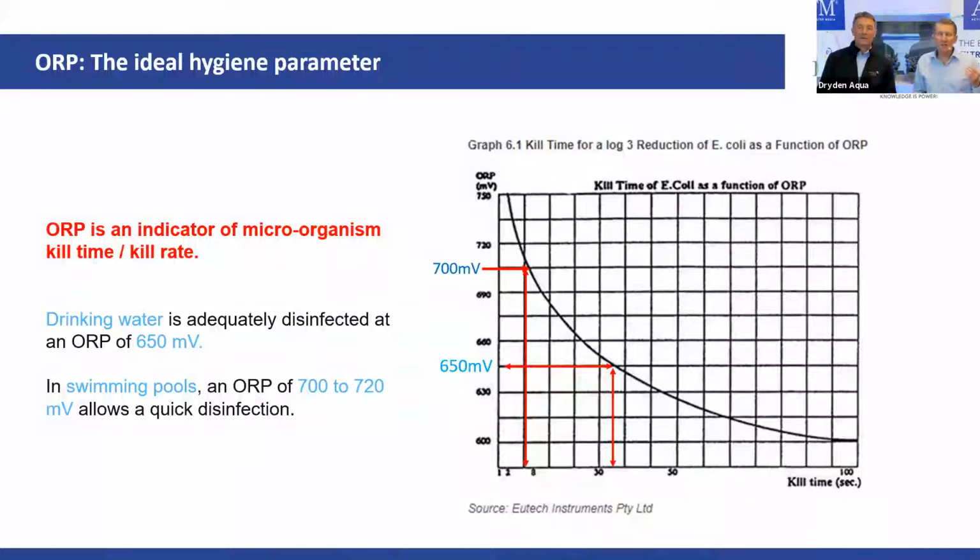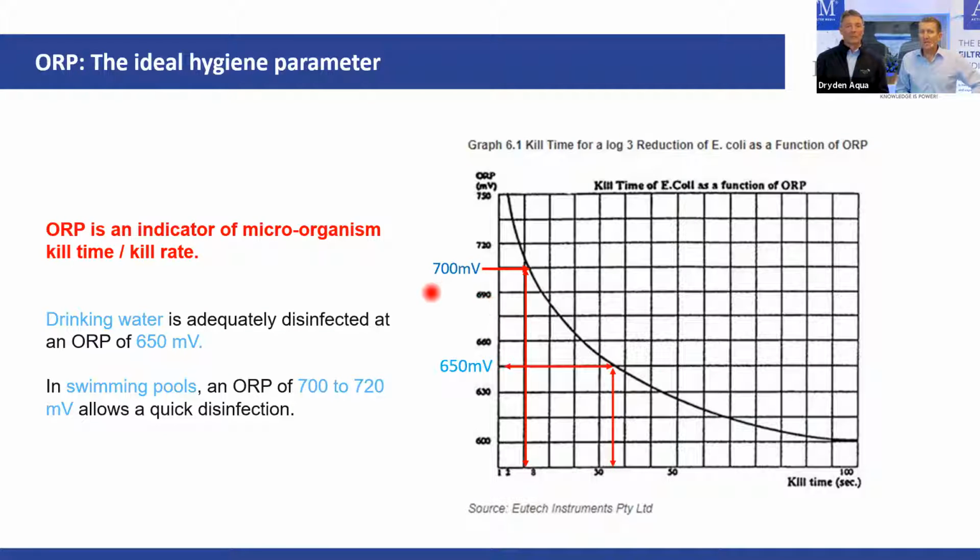So basically it measures the time it takes to kill 99.9% of E. coli bacteria in this example. If we look at this, let's say we have 650 millivolts of ORP. That means the kill time to kill 99.9% of these E. coli will be roughly about 30 seconds.